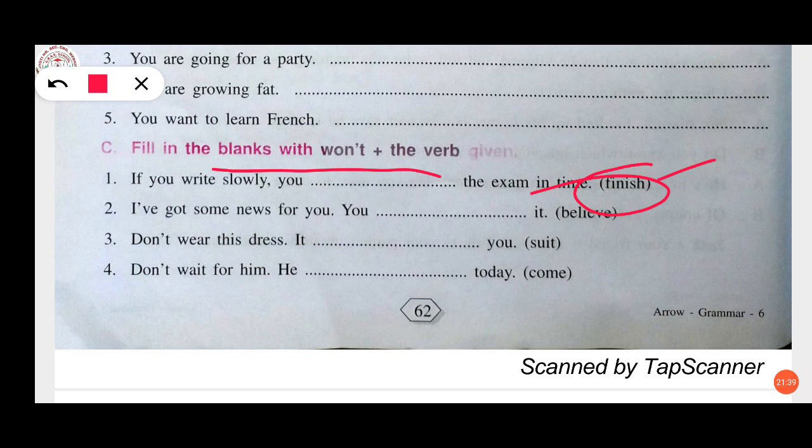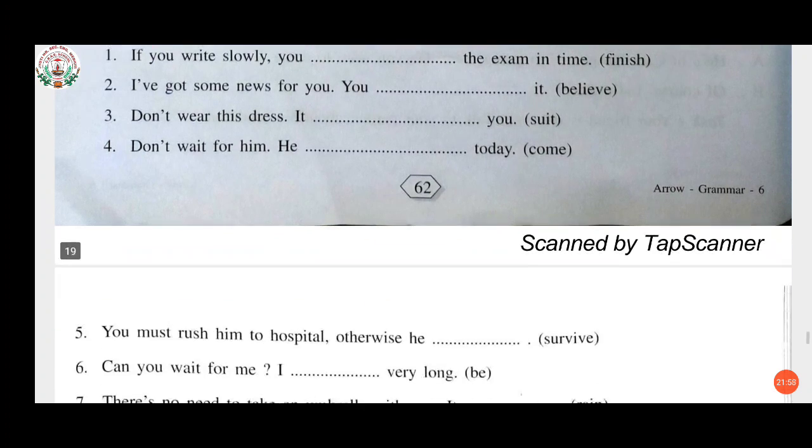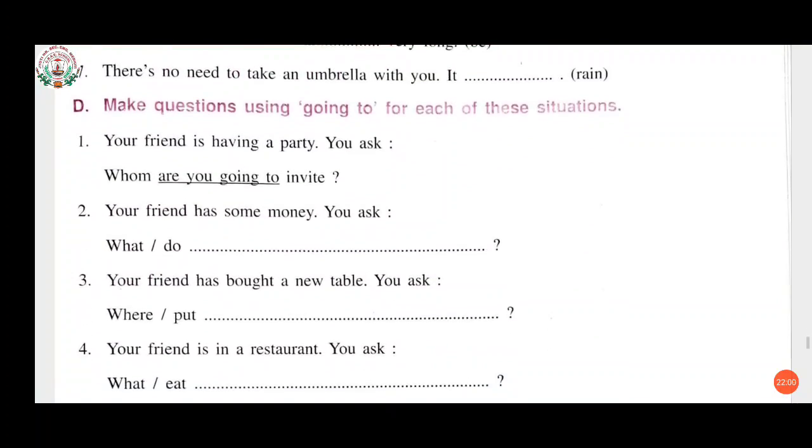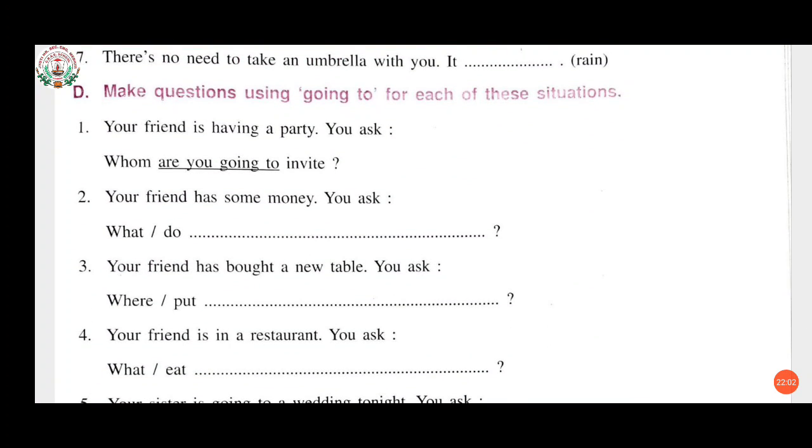Then second one, if you have got some news for you, you won't believe it. You won't believe it. Then third one, don't wear this dress, it won't suit you. It won't suit you.